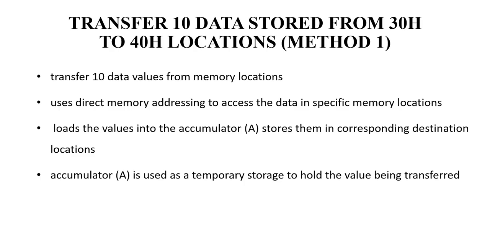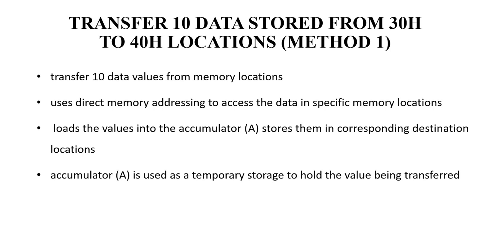locations 40H to 49H. Here, this program uses direct memory addressing to access the data in specific memory locations from 30H to 39H, loading the values into the accumulator and then storing them in corresponding destination locations, that is from 40H to 49H.